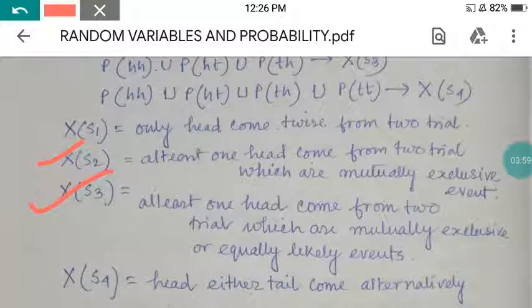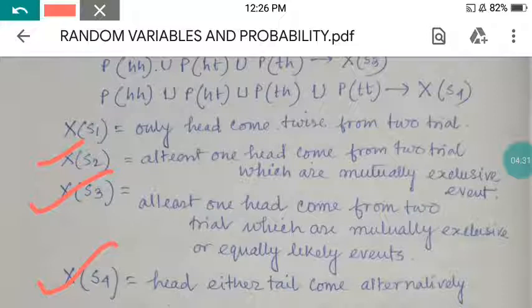And X4 means either head or tail comes alternatively. So here the fourth point is being created. At least one head comes from two trials, which has not only the mutually exclusive case but also the equally likely cases.